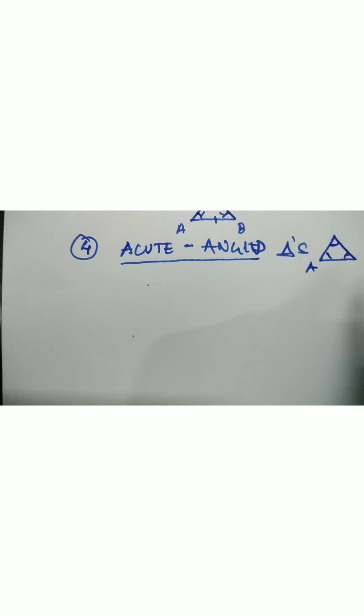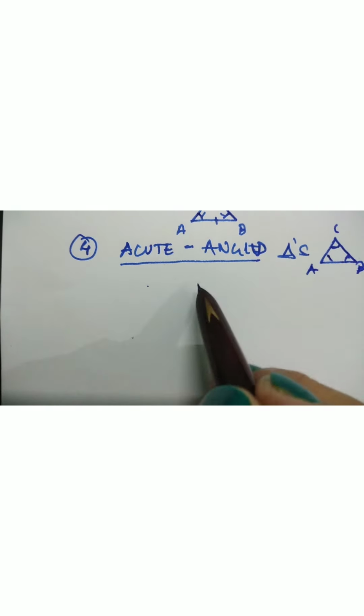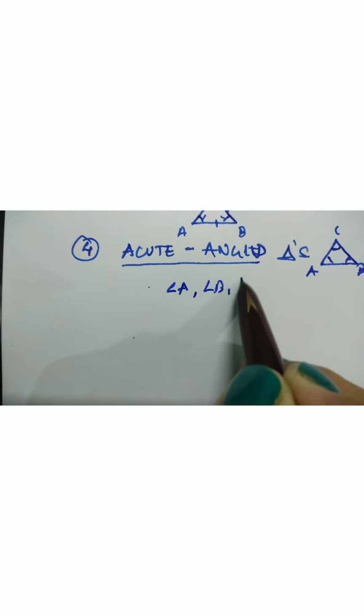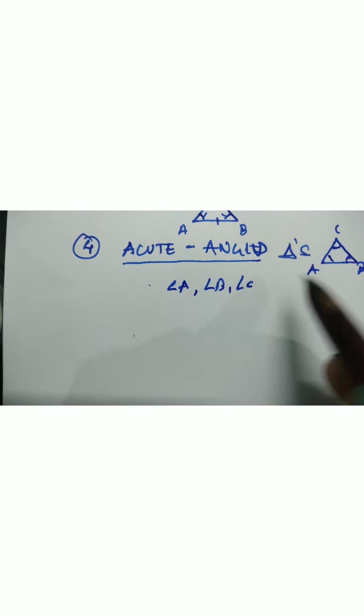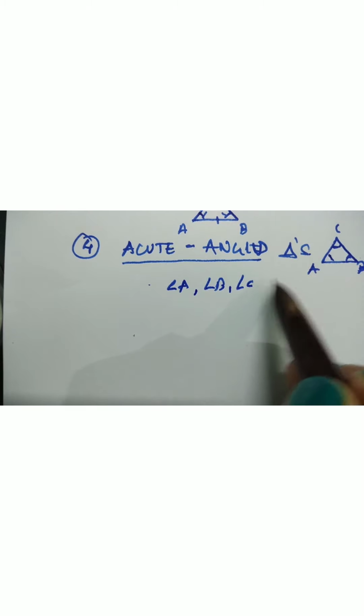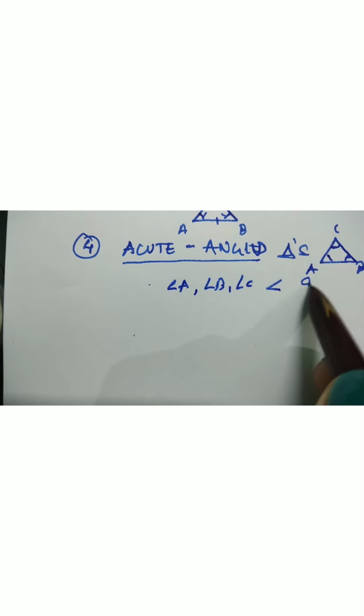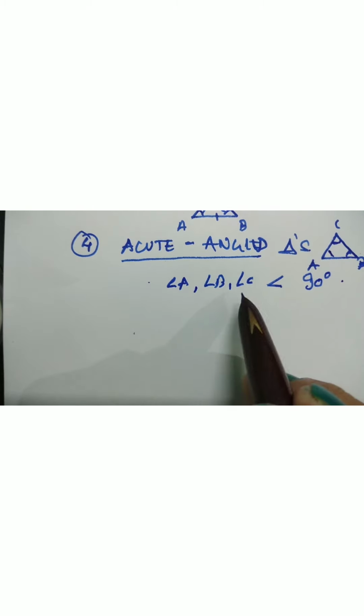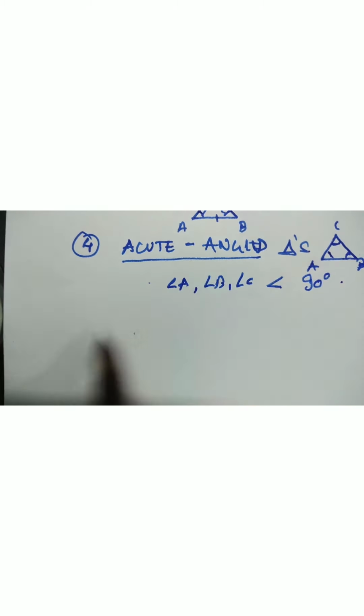This angle, this angle, this angle. All the included angles of the triangle are of measure which is actually less than 90 degrees. That means angle A, angle B and angle C, all these three angles are less than 90 degrees. Such types of triangles are called acute angle triangles.